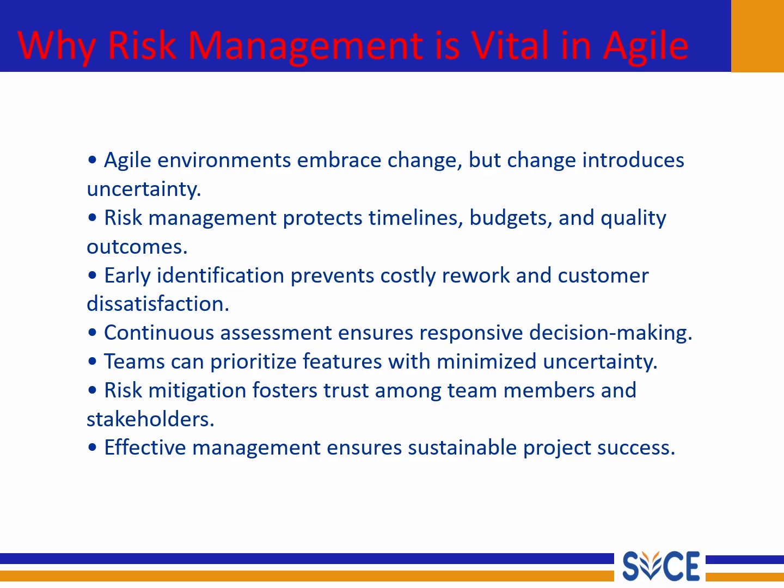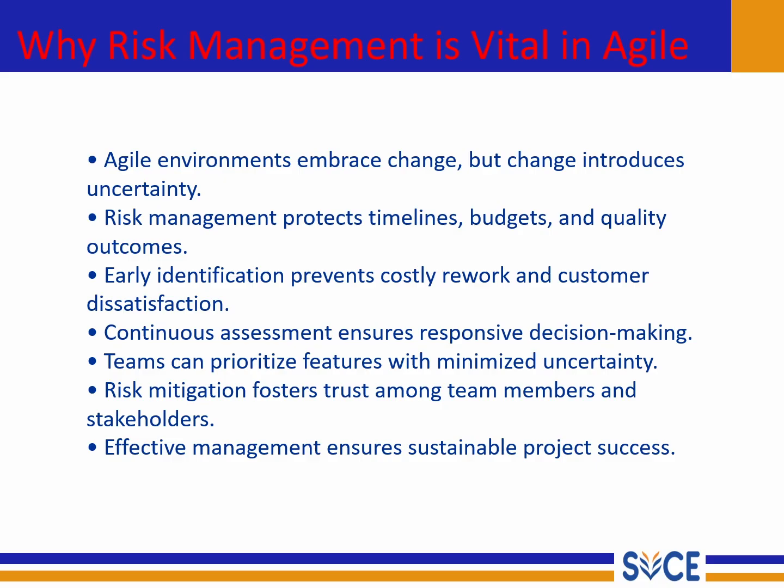Agile environments embrace change, but change introduces uncertainty. Risk management protects timelines, budgets, and quality outcomes. Early identification prevents costly rework and customer dissatisfaction. Continuous assessment ensures responsive decision making.